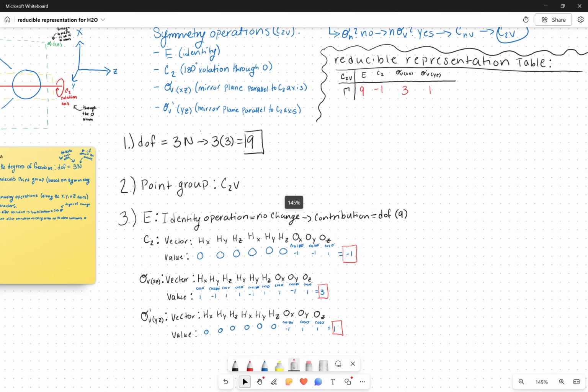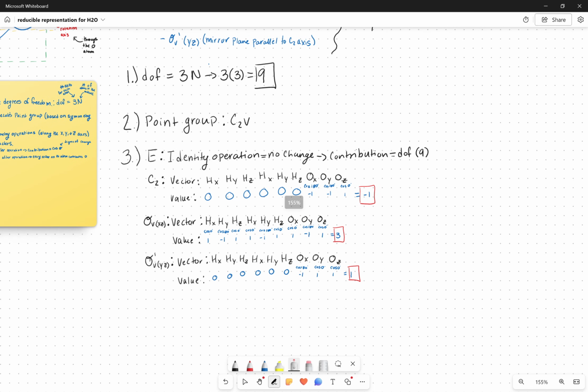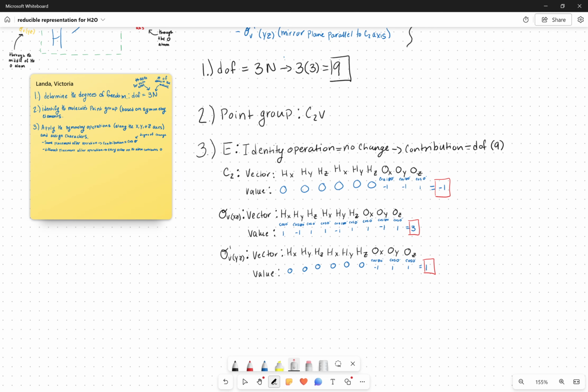In order to find the values for each of these, we have to do a couple things. First of all, we know that for E, it's an identity operation, which means there will be no change in the positioning of the molecule. This is important because as we apply symmetry operations along the X, Y, and Z axes and assign characters, if the atoms have the same placement after the operation, then the contribution will be cosine theta, with theta being the degree of change within the axis or rotation.